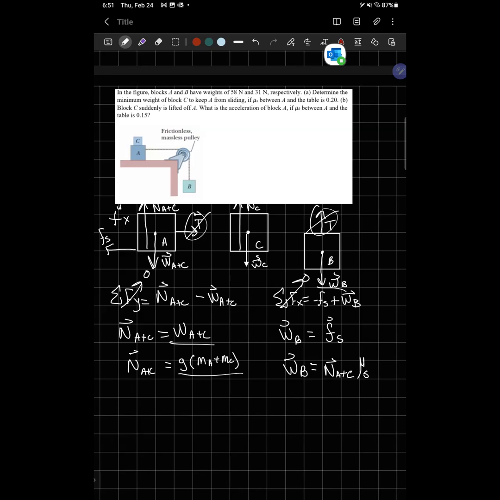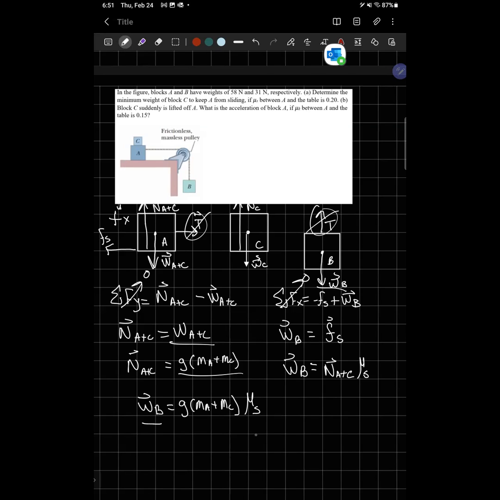I'm going to plug this in for N. So I'm going to move this down. Equivalent to G times MA plus MC times mu S. Do I know the weight of block B? Yes.